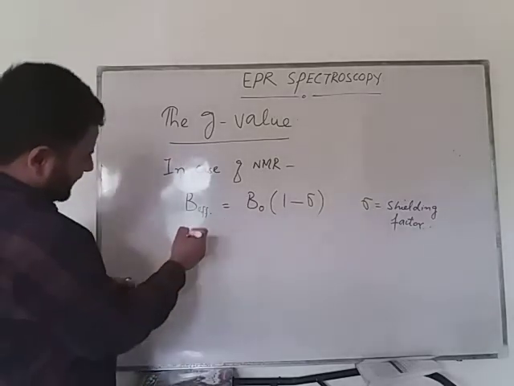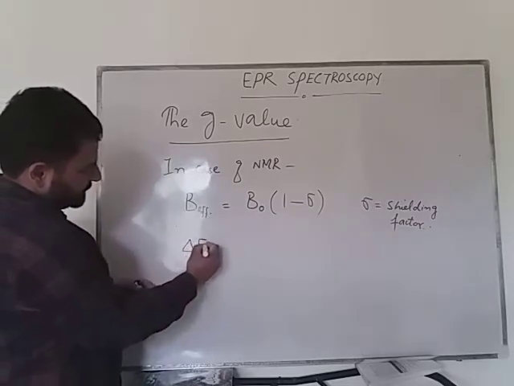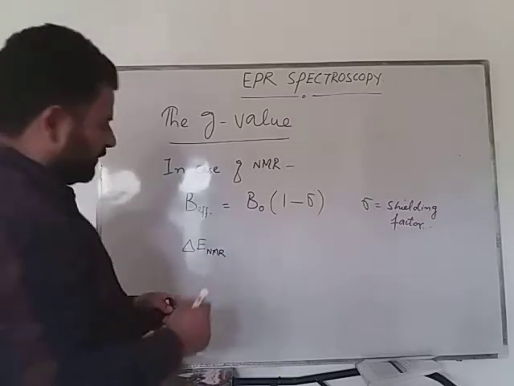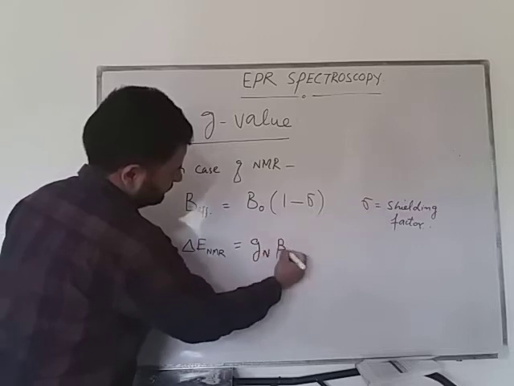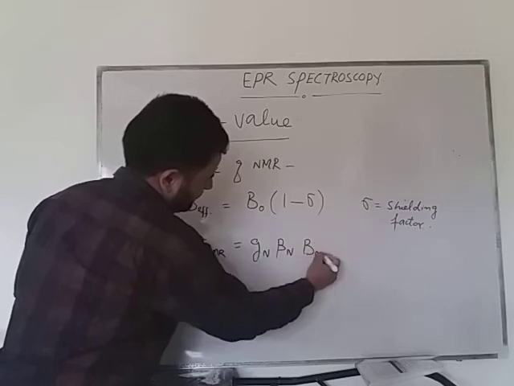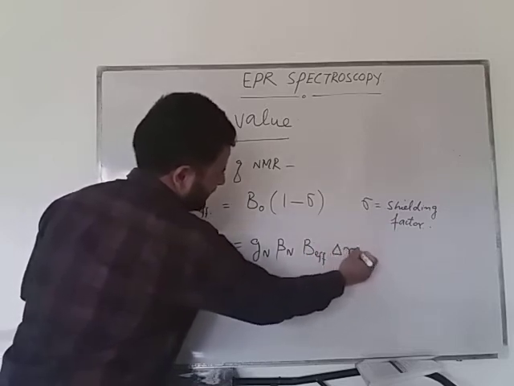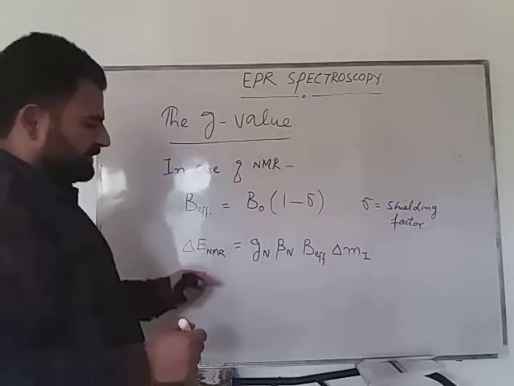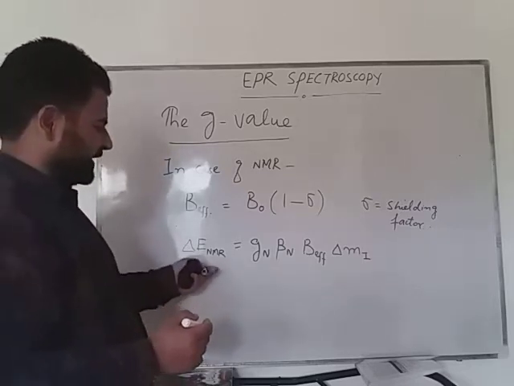Likewise, the change in energy in case of NMR will be given by Gn beta n B effective delta mI. This is the similar equation which we have already studied.